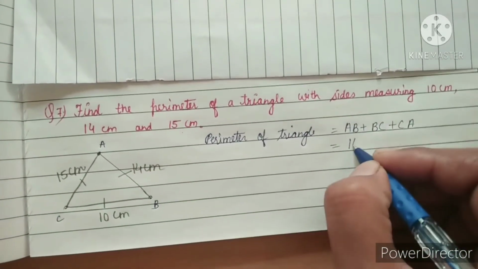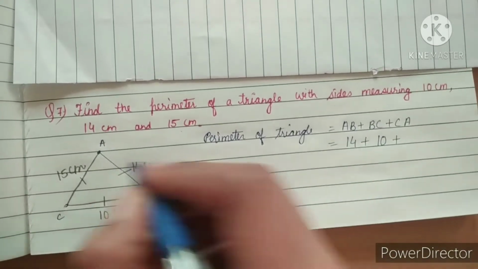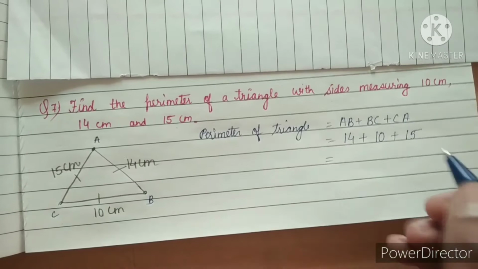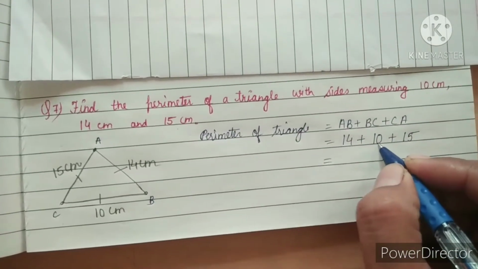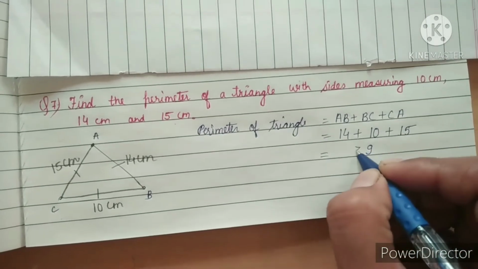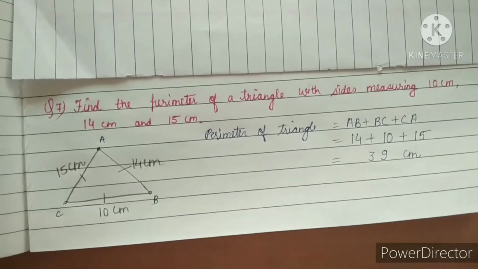AB is 14, BC is 10 and CA is 15. Simply you can add them. 4 plus 0 is 4, 4 plus 5 is 9. Then 1 plus 1 plus 1 is 3. So 39 centimeter is the perimeter of this figure.